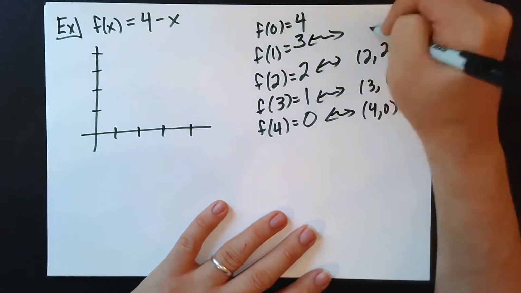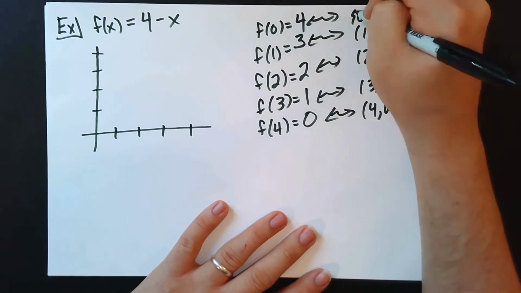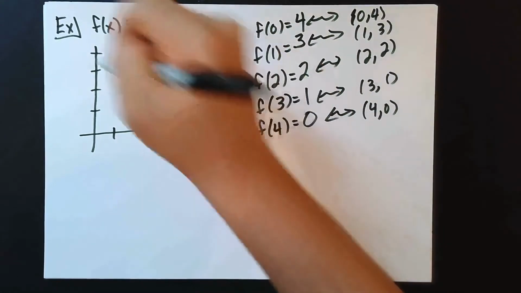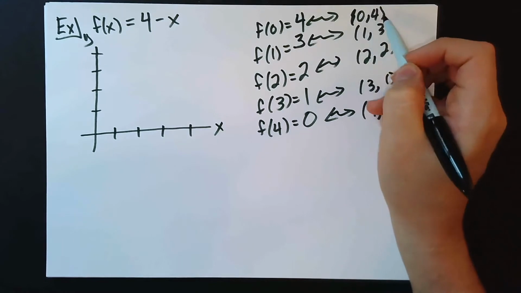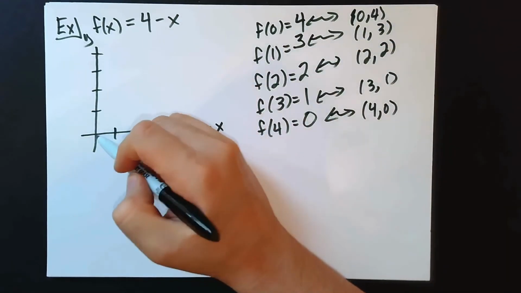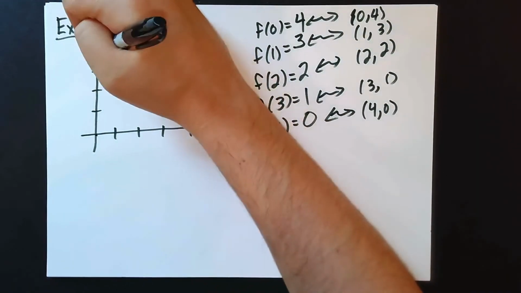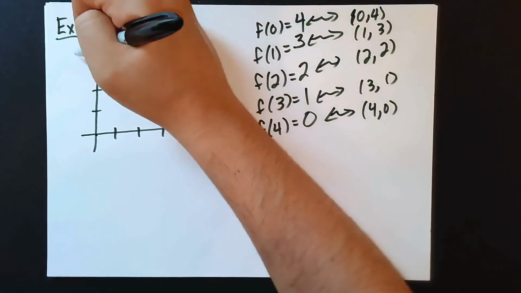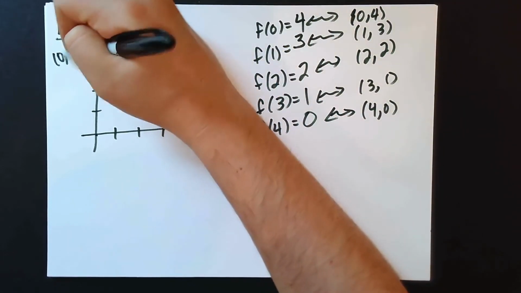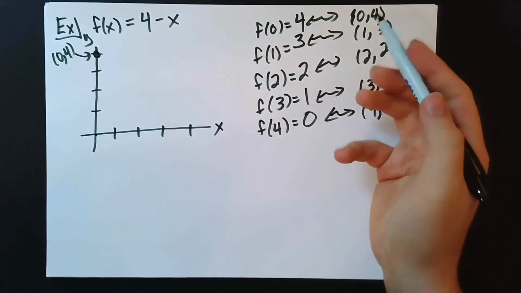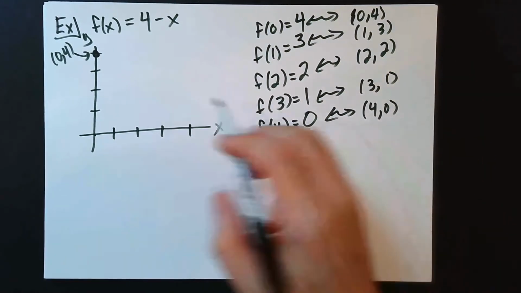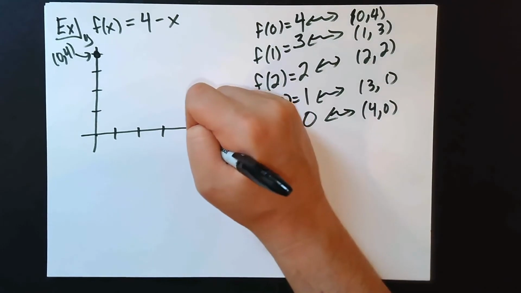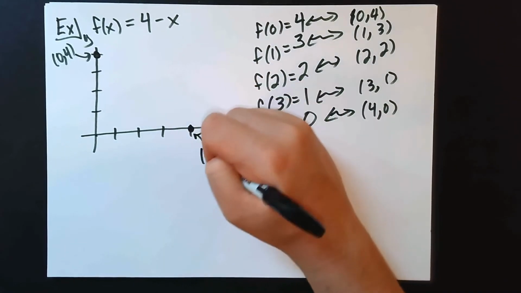And so if I were to sketch this graph, I could put all these points here. Remember, this is the x-axis, this is the y-axis. If I want the point (0, 4), I go to 0 on the x-axis and run up to 4 on the y-axis. That would be (0, 4), as distinct from the point (4, 0), where I would run over to 4 on the x-axis and 0 on the y-axis.